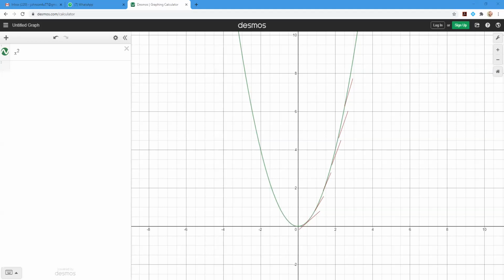As you are moving towards the right side, what is happening with the tangent, or what is happening with the slope of the tangent? The slope of the tangent, is it positive or negative? These are all tangents. This is a tangent, here a tangent.